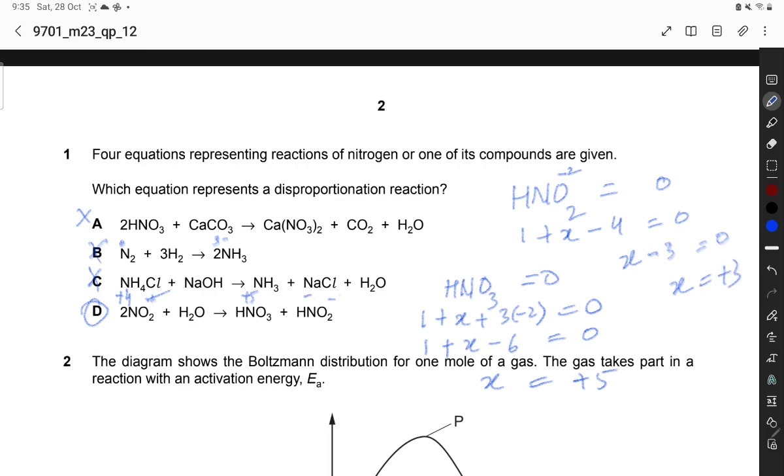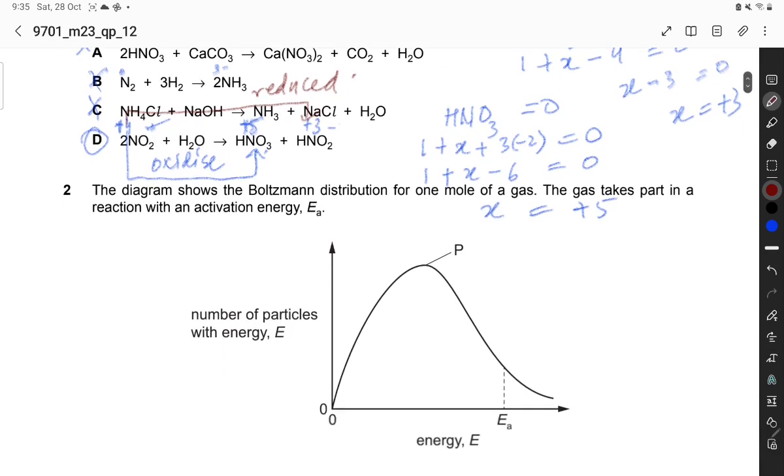So in this compound +3, and this is +5, and nitrogen is +4, so this is oxidized and HNO2 is reduced. So this is a disproportionation reaction.